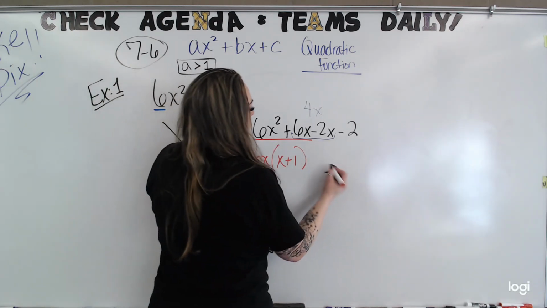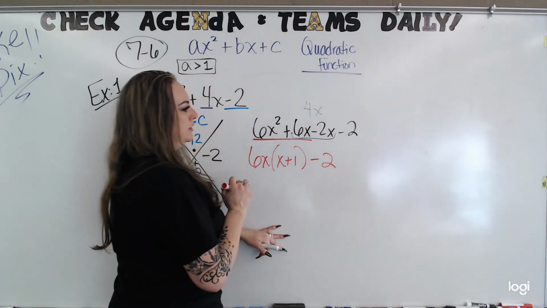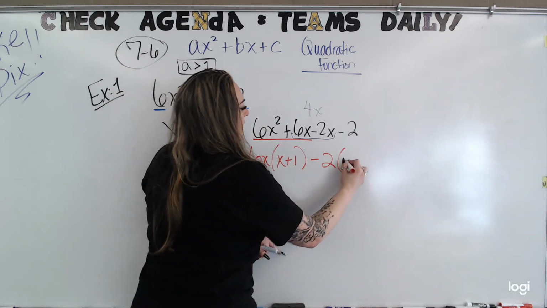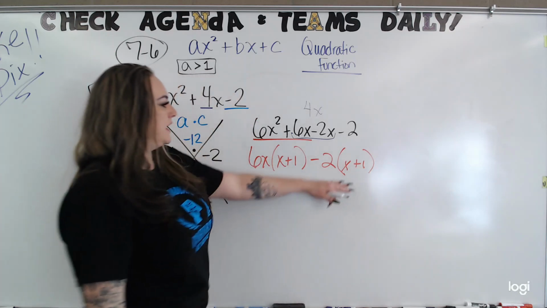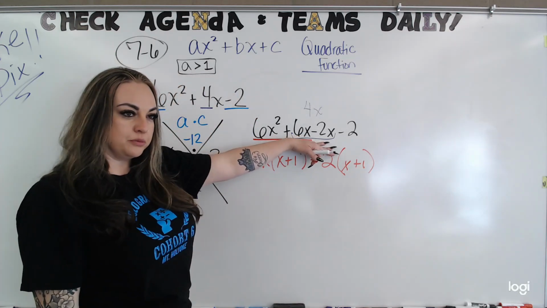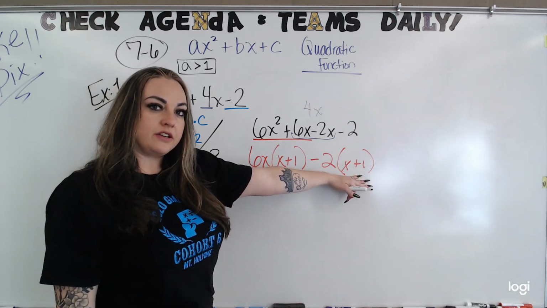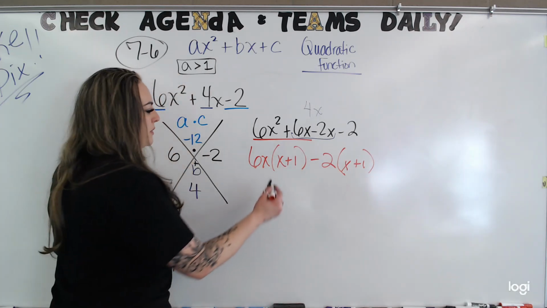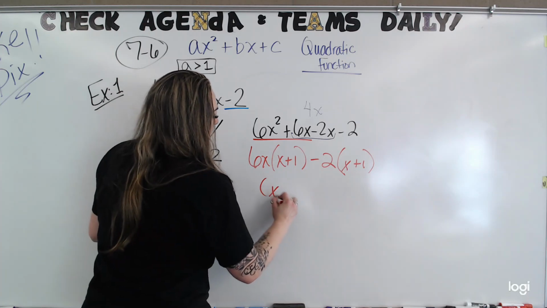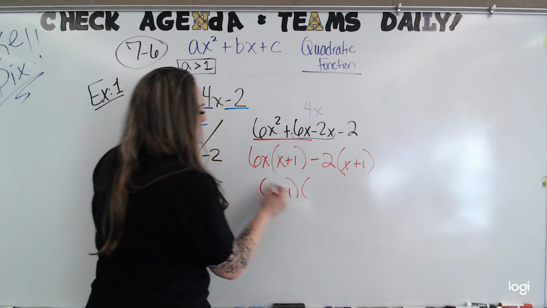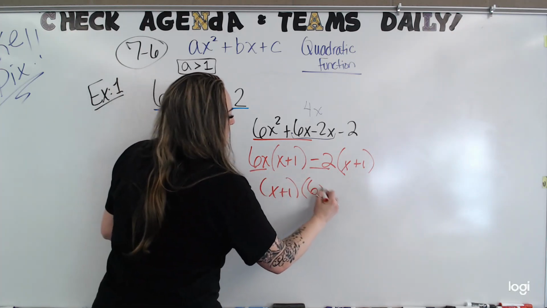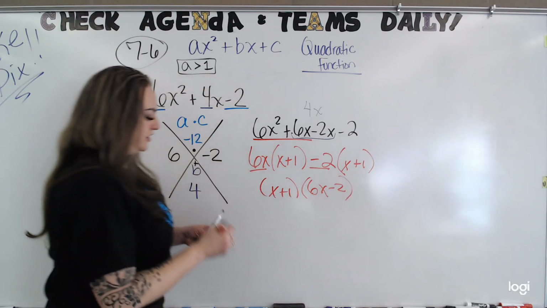Over here, we can factor out a negative 2. We need x plus 1 to get negative 2x minus 2. These are the same, so we can factor those out, just like we learned in factor by grouping. So we can have x plus 1 times what's left, 6x minus 2.